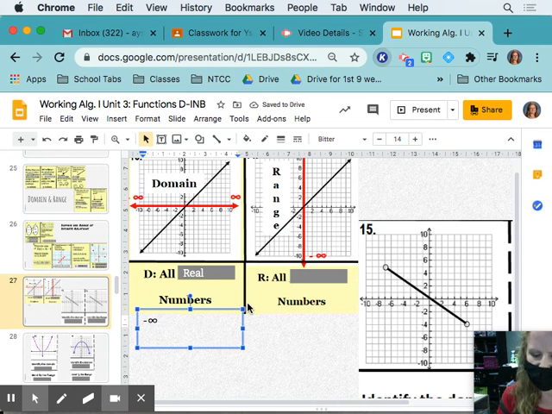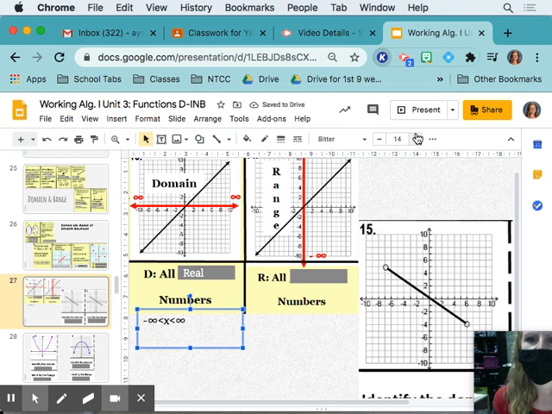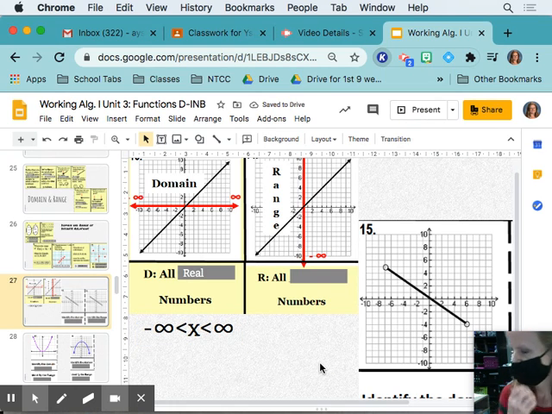So it's negative infinity is less than x, since domain is x, is less than infinity again. I'm just going to copy this, Control C, Control V for infinity, and make this bigger. So the infinity sign is found under Insert Special Characters.